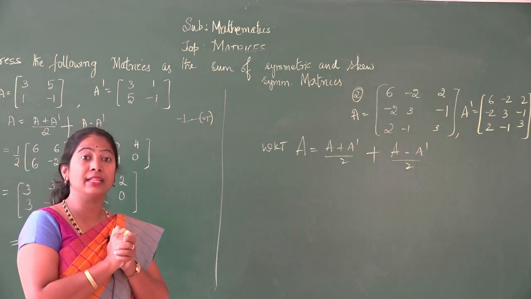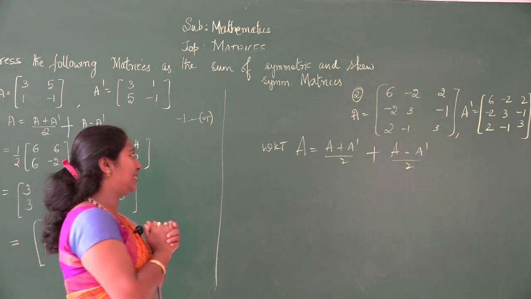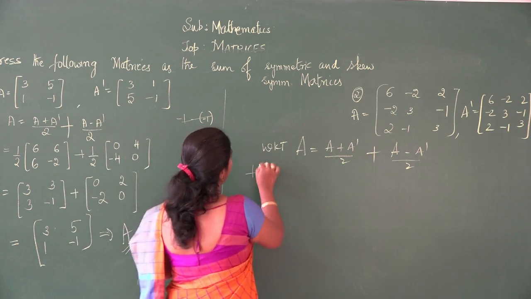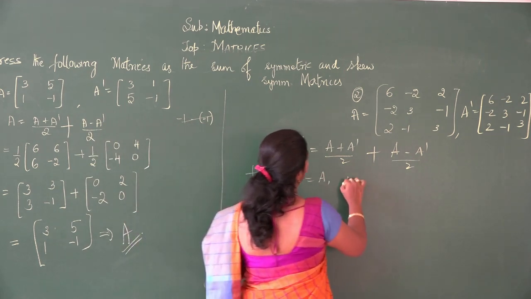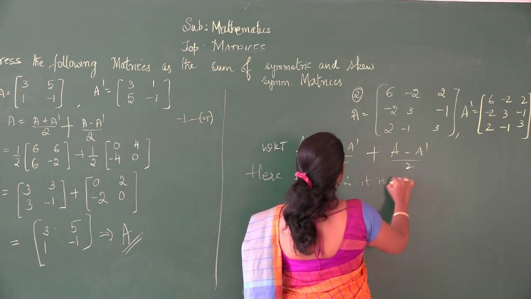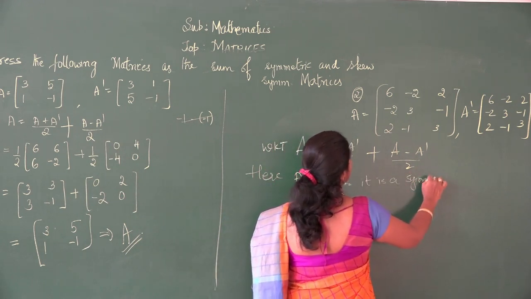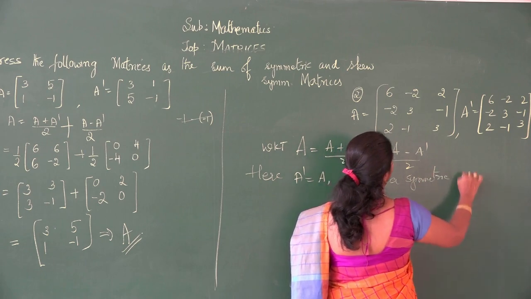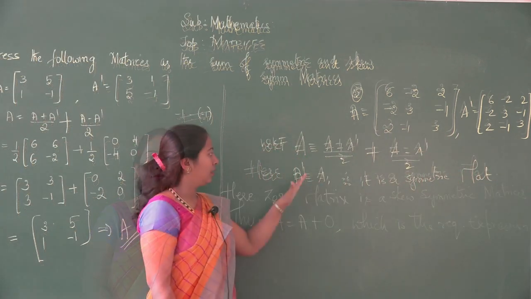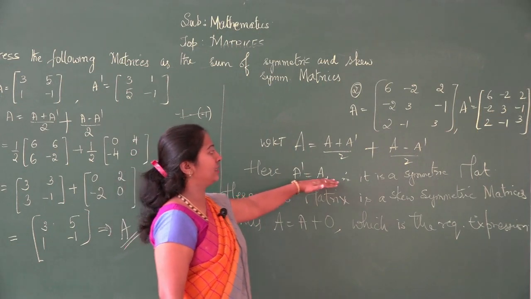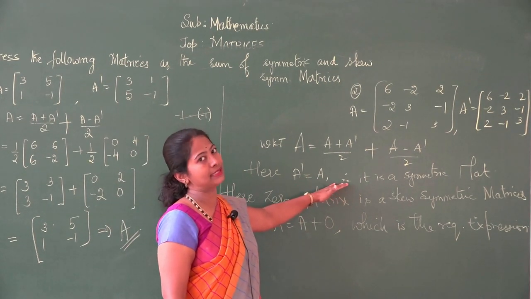It is nothing but a symmetric matrix. Here, A dash is equal to A. Therefore, it is a symmetric matrix.